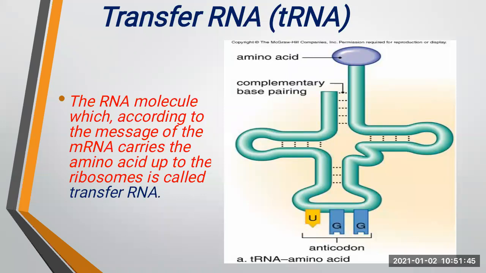Then tRNA decodes the information, takes the amino acid with it, and goes to the ribosome. In the ribosome, the ribosomal RNA helps in protein synthesis. It joins the different amino acids, whatever is required, and the protein is synthesized. In this way, these RNA molecules work.